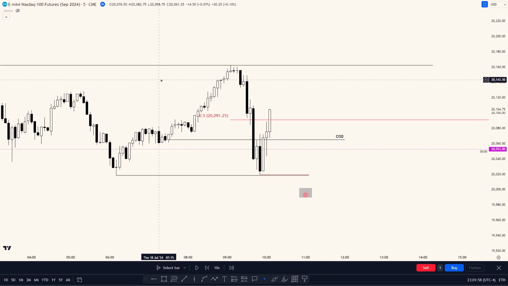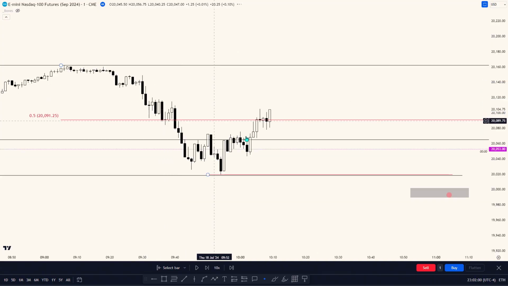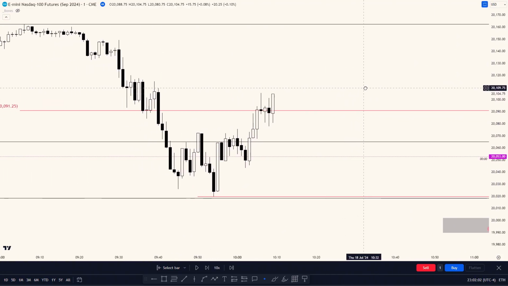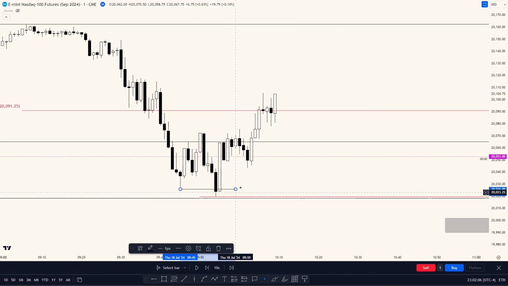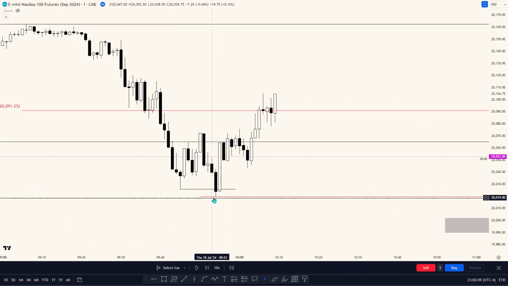And since we got this here on the 1 minute, and on the 5 minute it's the same story, but it's a little more clear here. We have a sweep of sell side failing to go below London low, and we get this big explosive candle here. We get a 1 minute CSD, and then we get this expansion here.